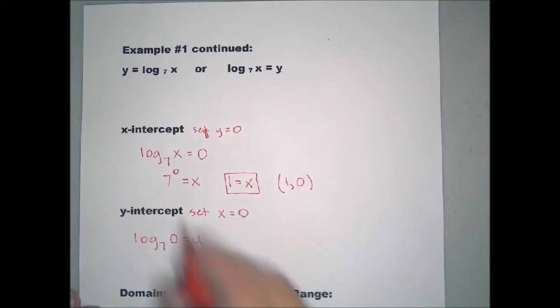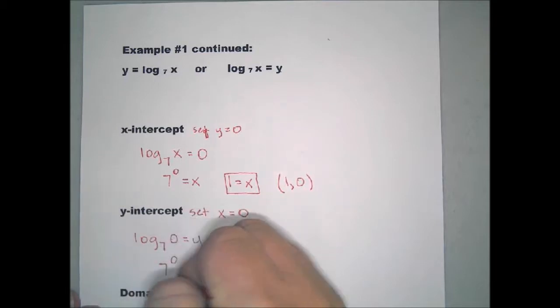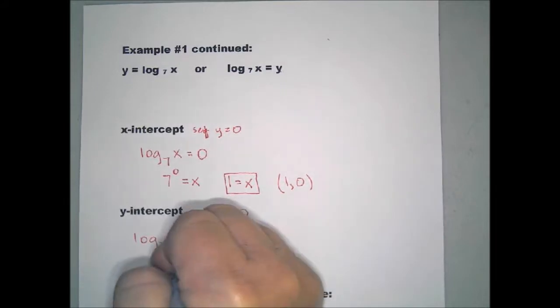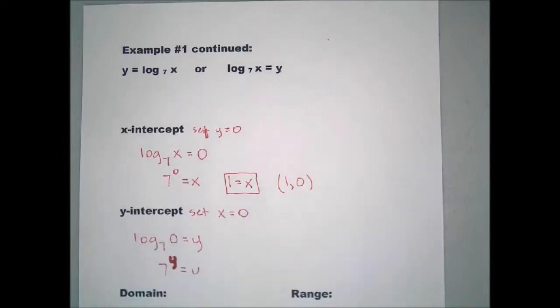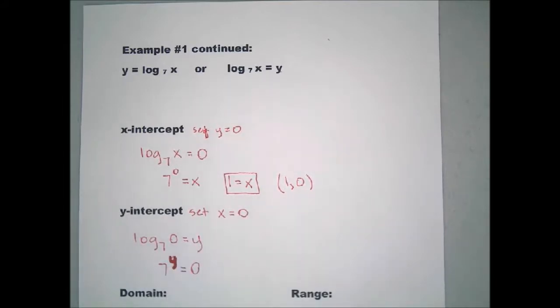Let's try to solve this by taking it out of log form and into exponential form. 7 to the y power equals 0.